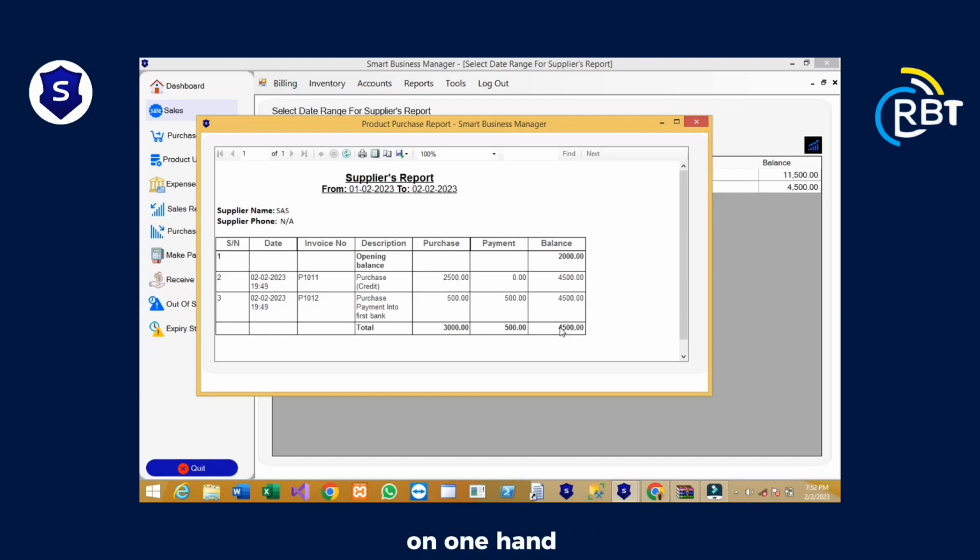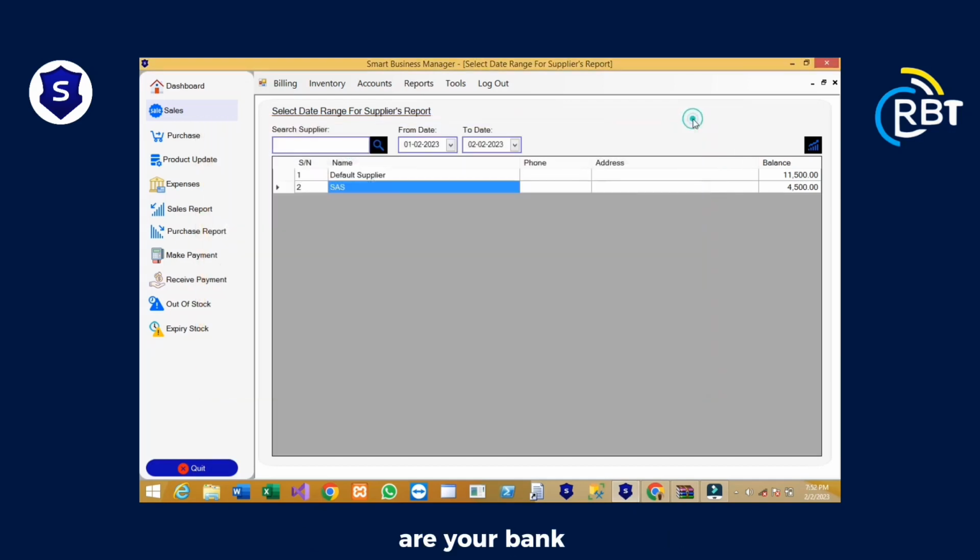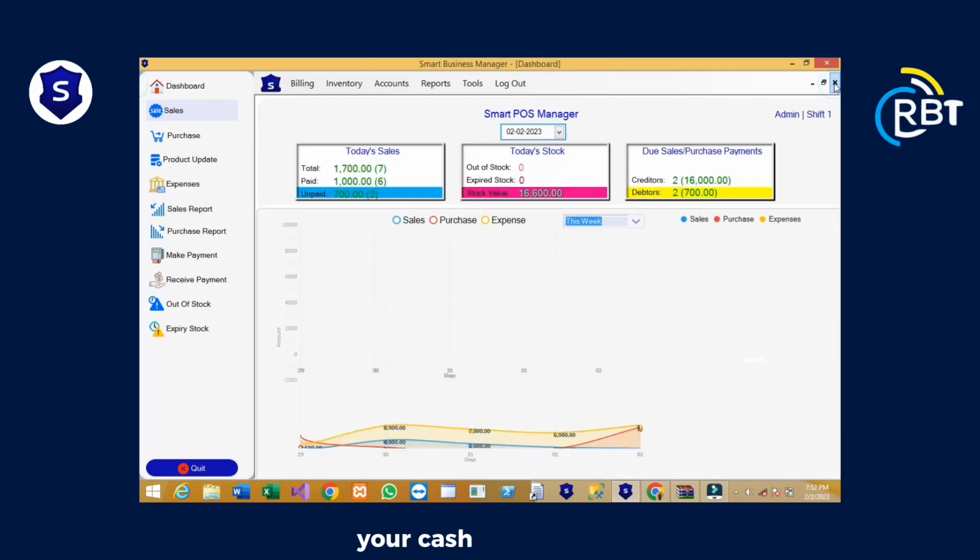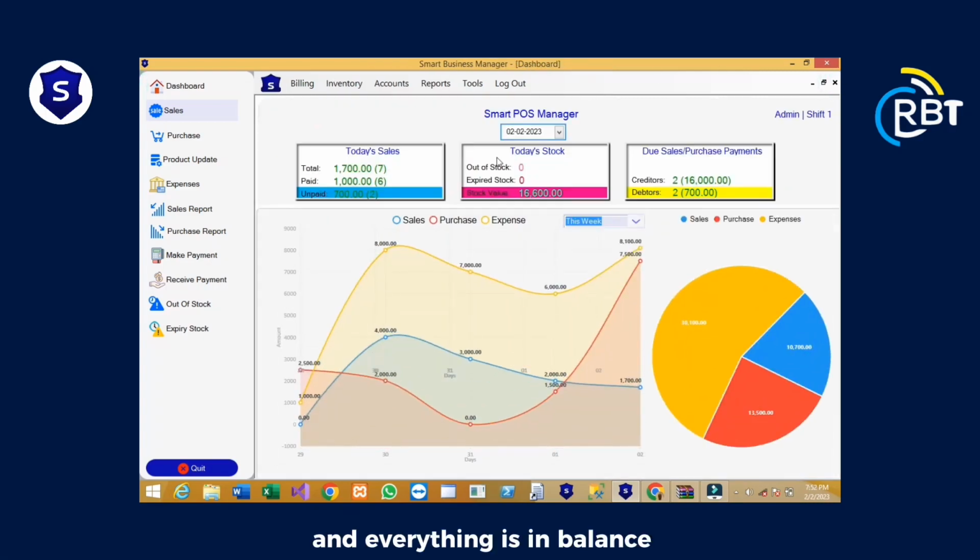So on one hand, all your creditors and debtors are being managed at the same time, while all your bank, your cash, your POS and everything is being balanced. Do not worry if you do not understand this very well, but understand that this software can do this for you. You'll be given special training through videos that will explain every step of what you need to do.